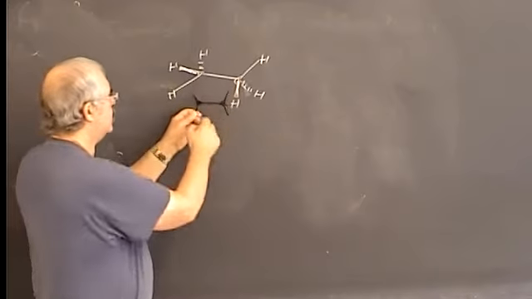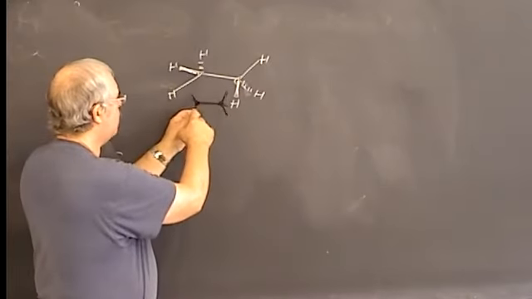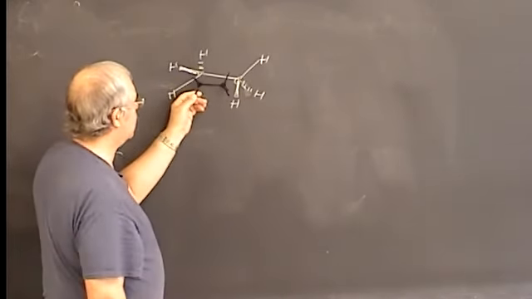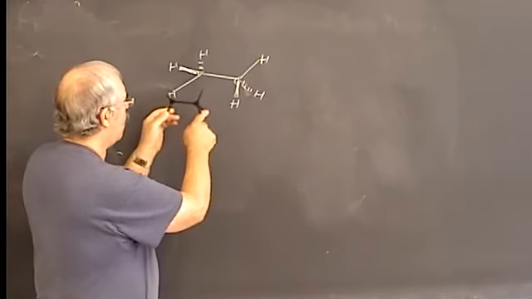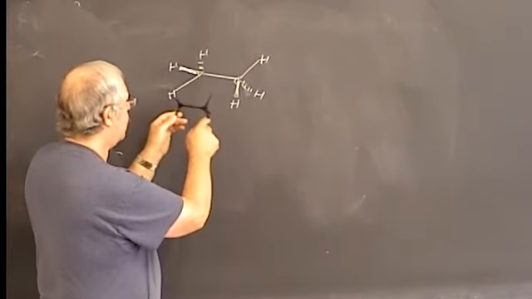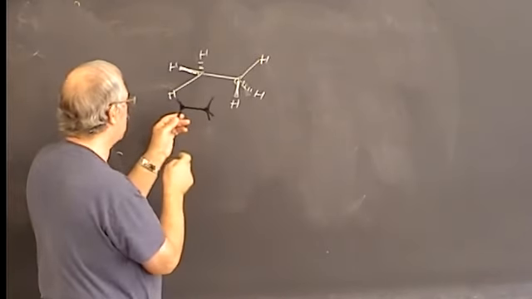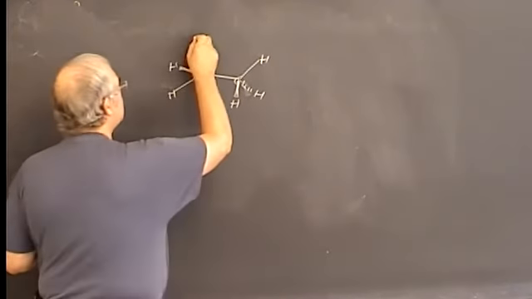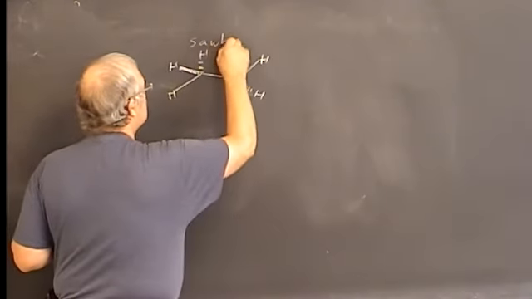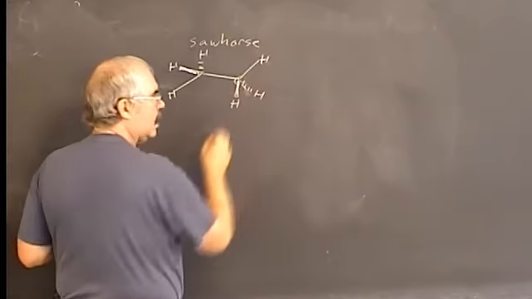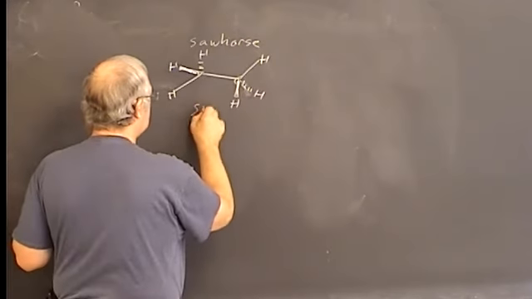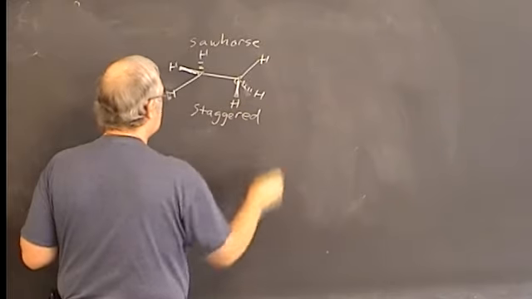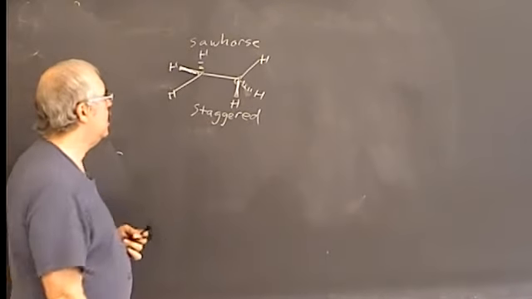Where this hydrogen is up, this one is down. This bond and this bond are all in the plane of the board. We've got one hydrogen back, one forward, in the same way here. This is what's called a sawhorse projection. And this is the staggered form of ethane.